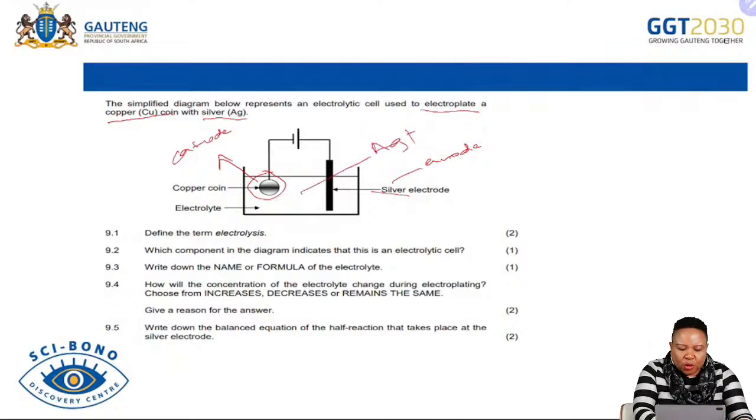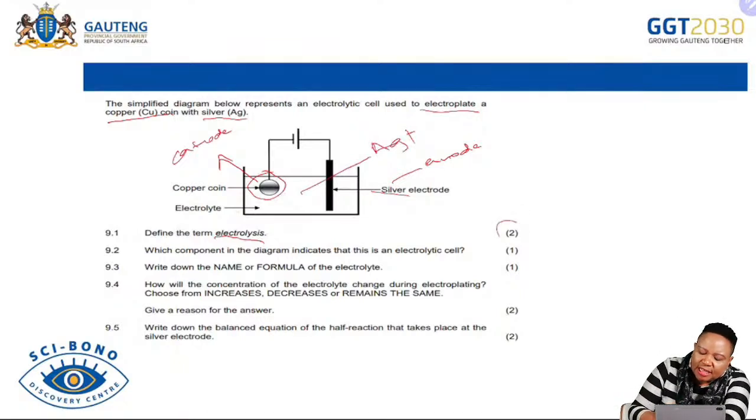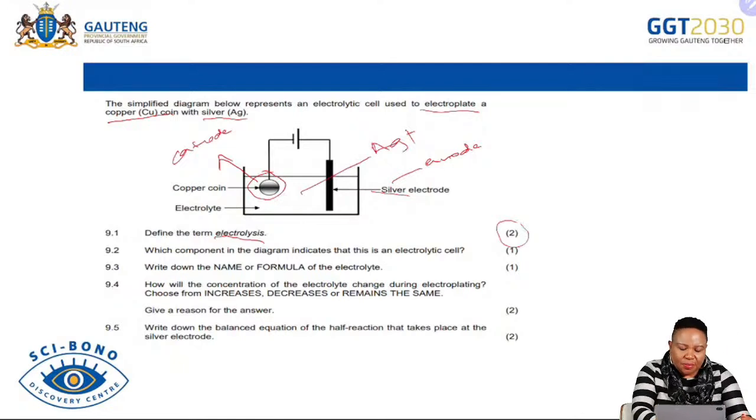So the first question is, they define the term electrolysis, which we know is the chemical process whereby electrical energy is converted to chemical energy. So also here, as I said, record those definitions in your spare time, go through the definitions and see whether you can memorize them.